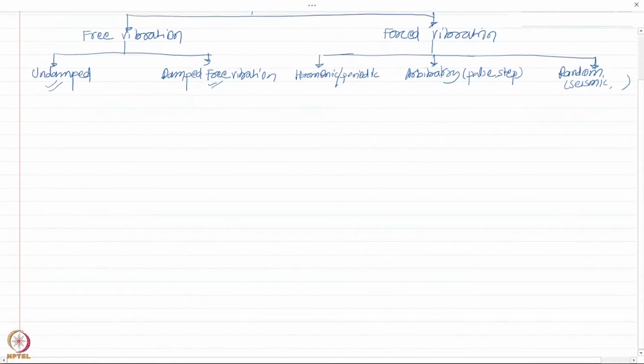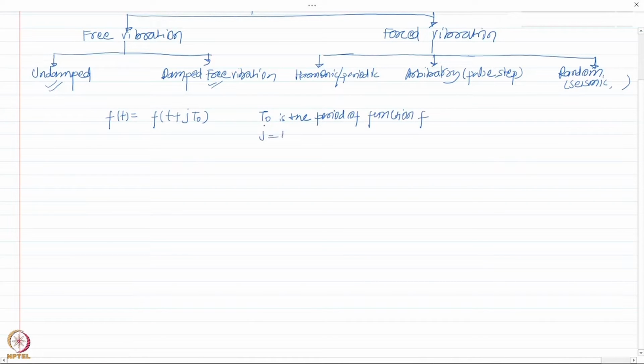In terms of periodic excitation, any function can be characterized as periodic if I can write f of t is equal to f of t plus j times T naught, where T naught is the period of the function f, and j is an integer.